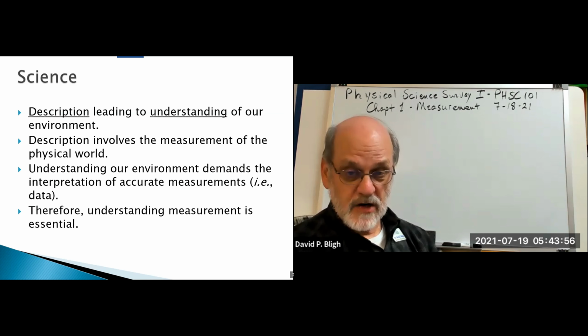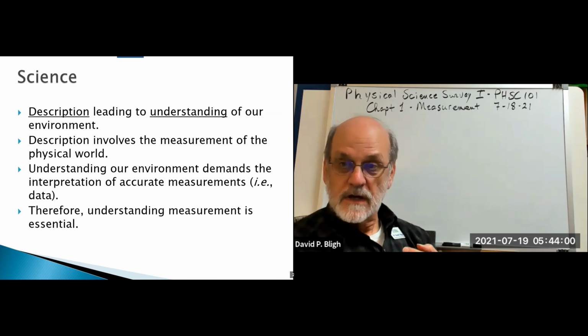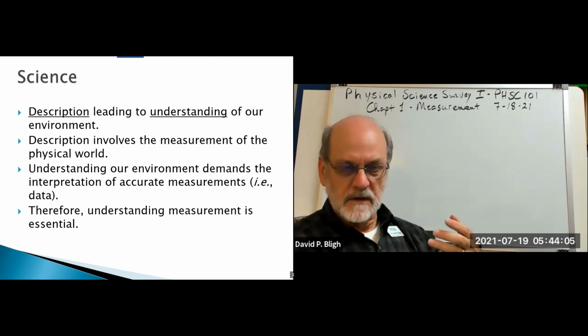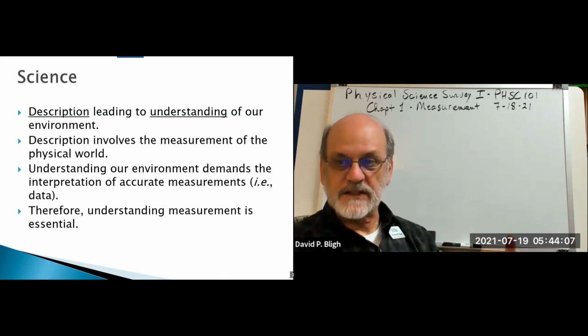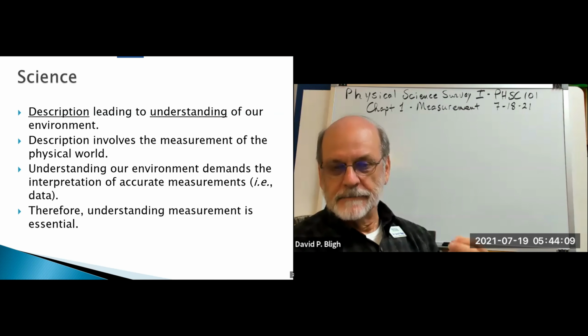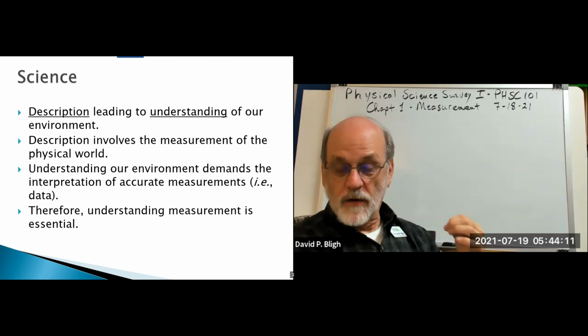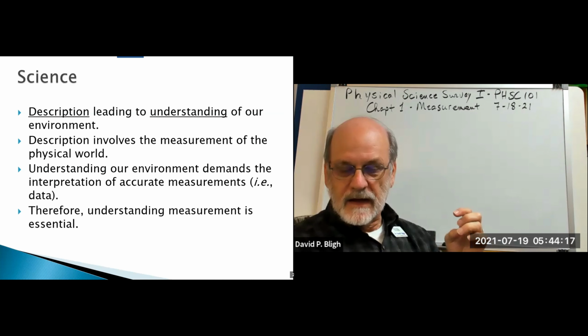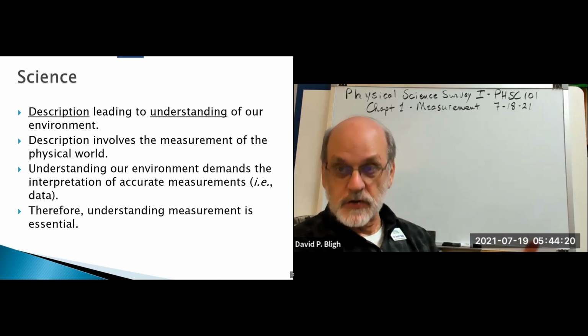But if we are going to make measurements, we need a way to guarantee their accuracy. In other words, is the measurement that we obtain, and usually when we say measurement, we're thinking in terms of quantitative, that is, numbers. Are those numbers that we obtain for that measurement accurate? Can we rely on them? And we're going to discuss how to do that also.